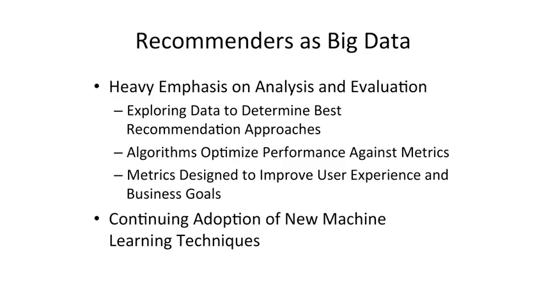We then establish metrics that we're trying to optimize to and tune our algorithms to optimize performance against those metrics. And if we do everything right, those metrics are designed to maximize either some business goal or user experience or both. As we'll learn as we go forward in this topic, recommender systems are continually adopting new machine learning techniques to squeeze ever more bits of power out of the data that we have to provide better user experience.